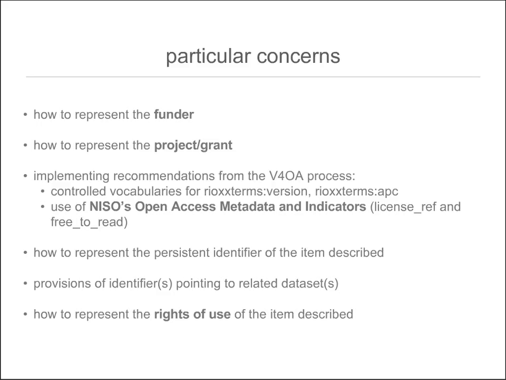There was an interest in providing identifiers to point to related artifacts, particularly things like research data sets which underpin the journal article. And then, very importantly, how to represent the rights of use. And this is an ongoing problem. I don't think we've solved it. I think we've helped to take a step in the right direction, but I think there's still a lot of work needed to be done there, clearly.